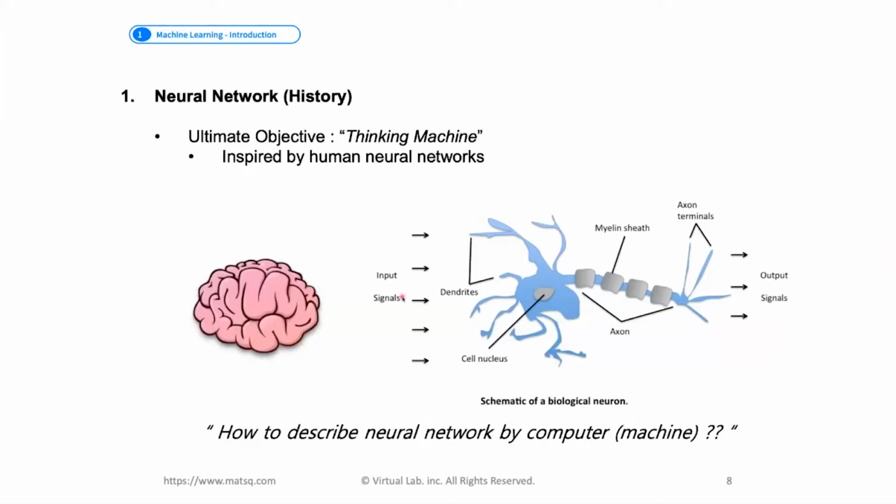A single neuron works like this: dendrites, cell body, axon terminals, and the signal passes through this single neuron and then the output signal goes out. It looks very simple, but it's not easy to describe exactly. We still really don't know how the human brain works.